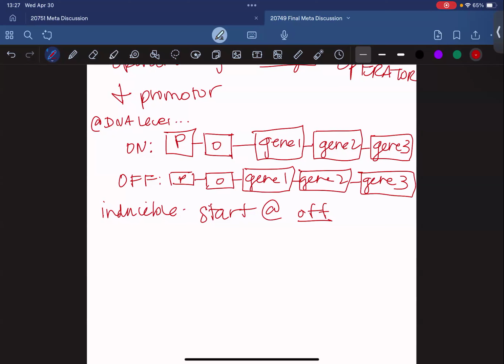So I have to actually draw the part where it's off. This is the repressor.